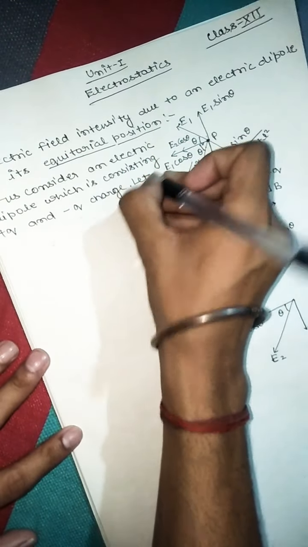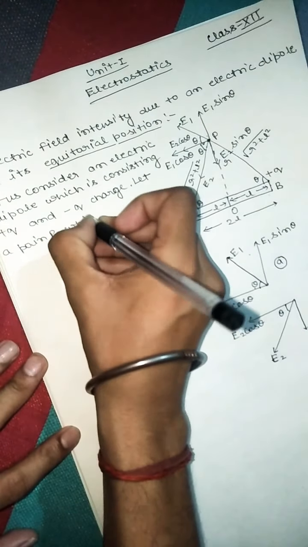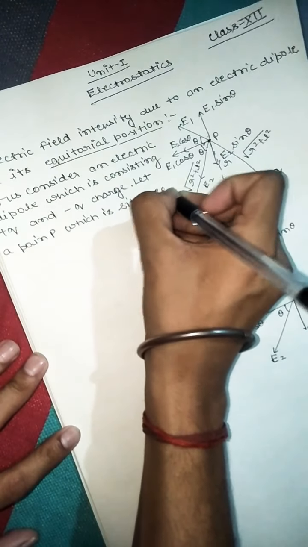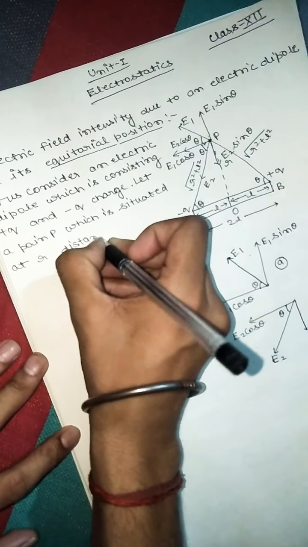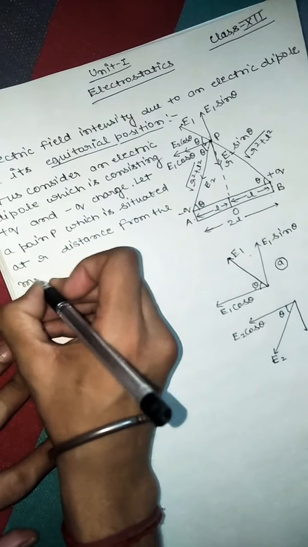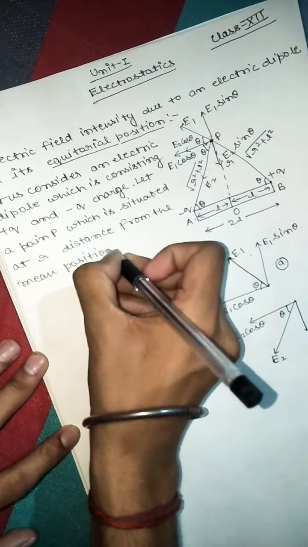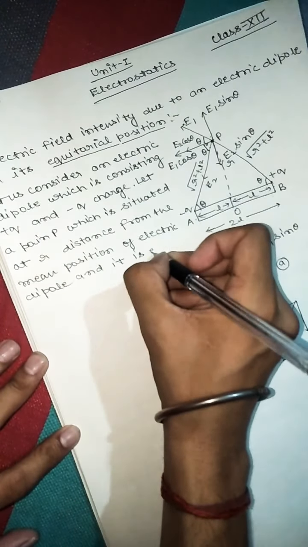let a point P which is situated at small r distance from the mean position of the electric dipole, and it is equidistant.